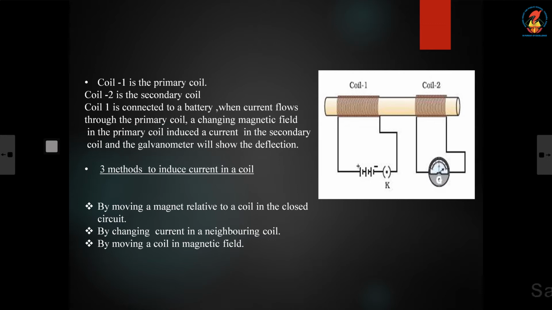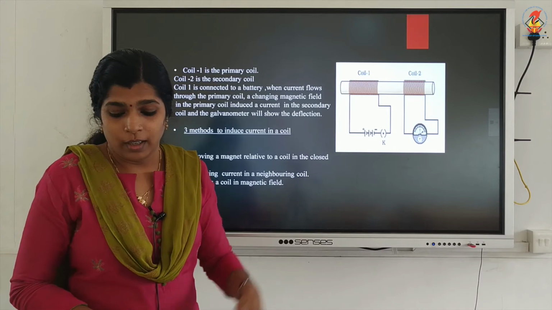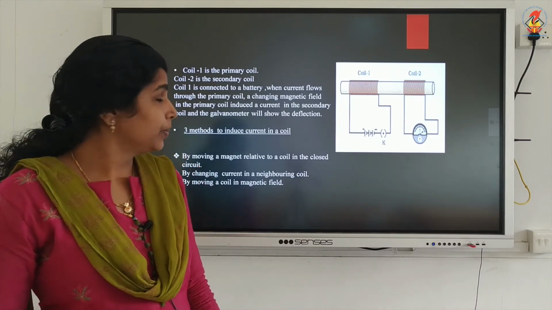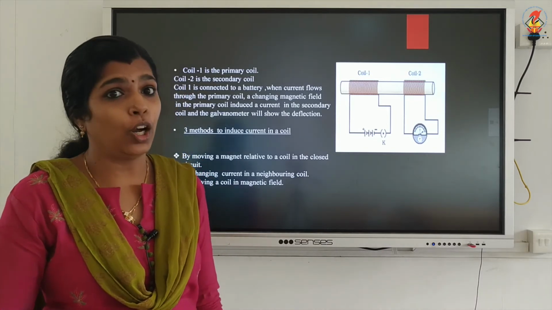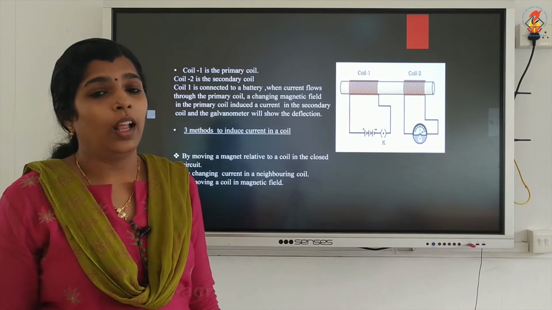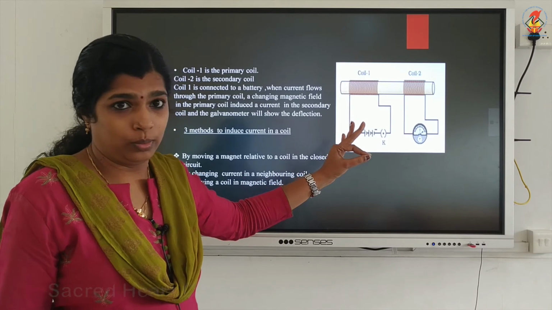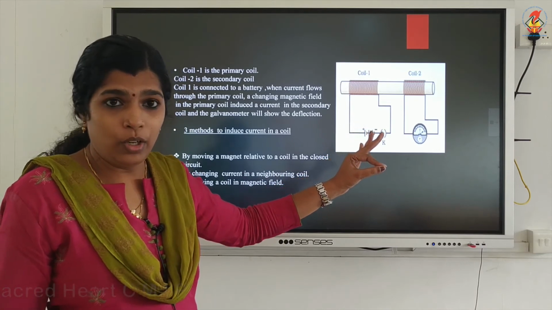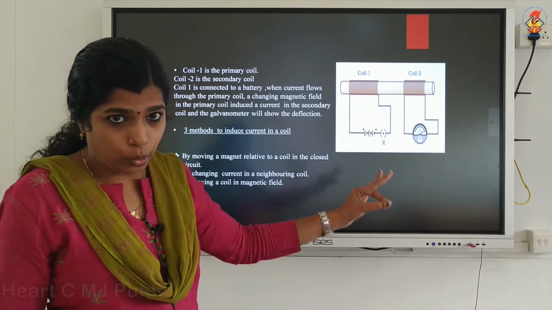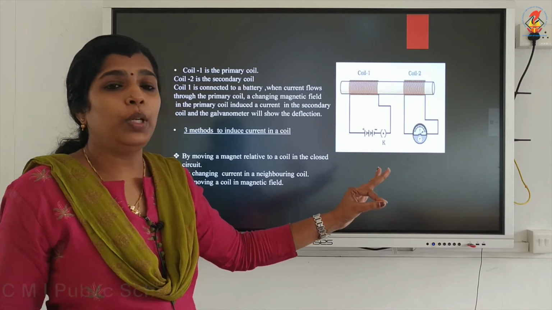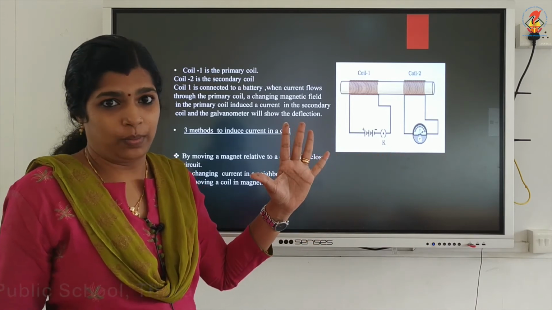So, what will happen is that when you switch on the battery in coil 1, a current will be induced in coil 2, and the galvanometer will show a deflection.